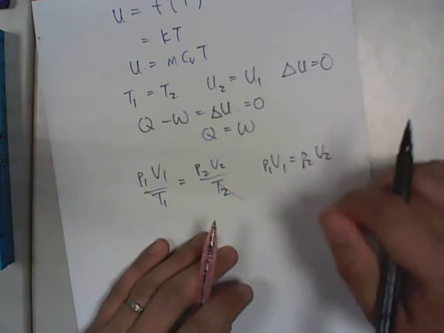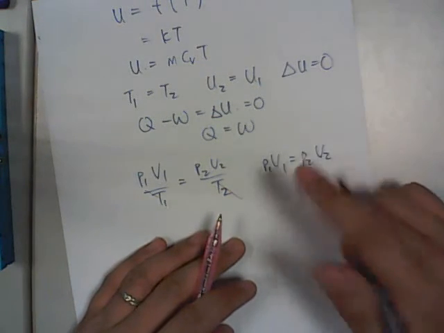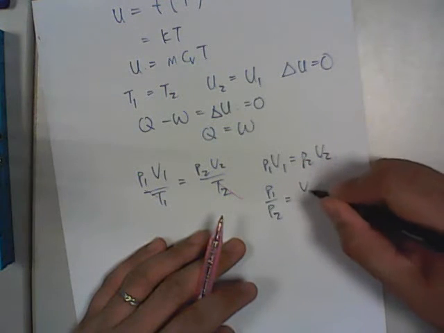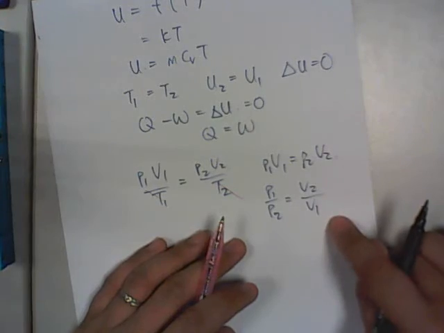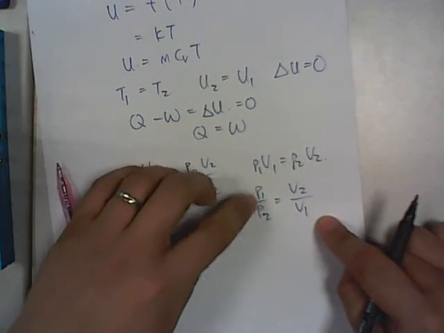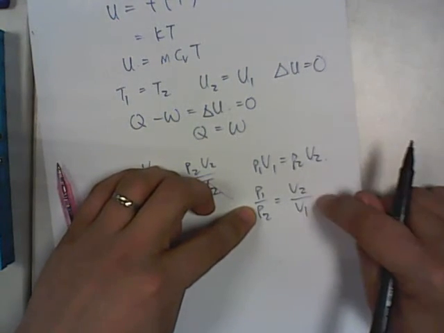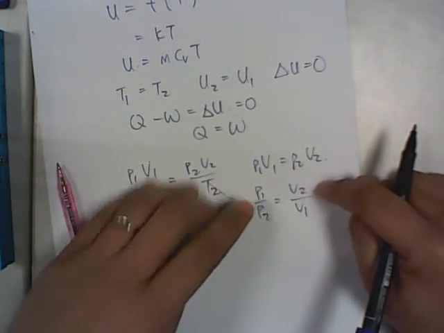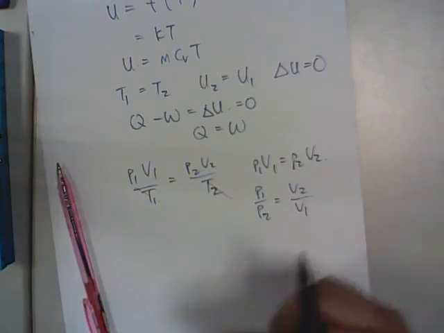This is the so-called Boyle's law. It means that my pressure is actually inversely proportional to volume. As pressure increases, volume will decrease, and vice versa. Volume increases, pressure will decrease. So this is Boyle's law.